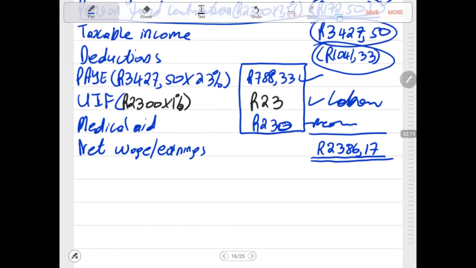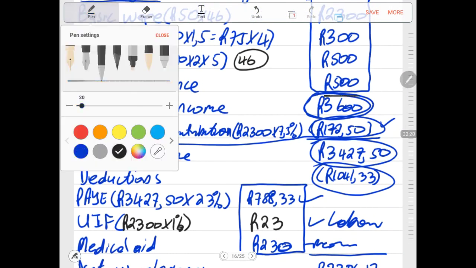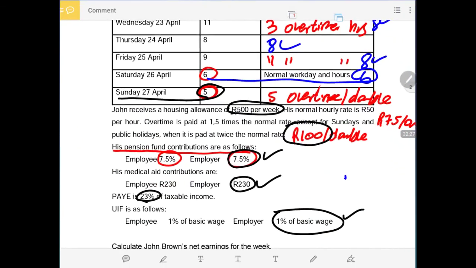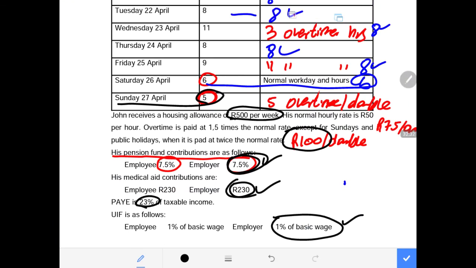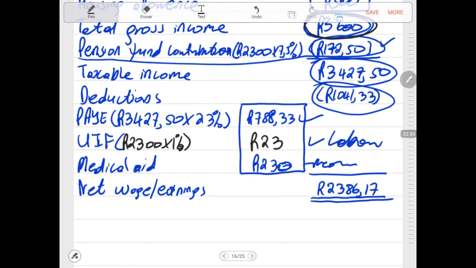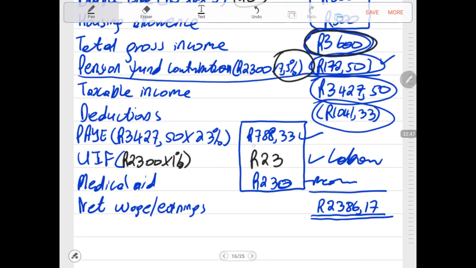That means total cost to the company is the gross salary plus the contributions by the employer. The contributions are 7.5%, 230, and 1%, and the figures in this case tend to be the same. That means the company will be contributing the same 7.5% of pension fund, and the company will be contributing 1% of UIF, which is the same 23 rand.